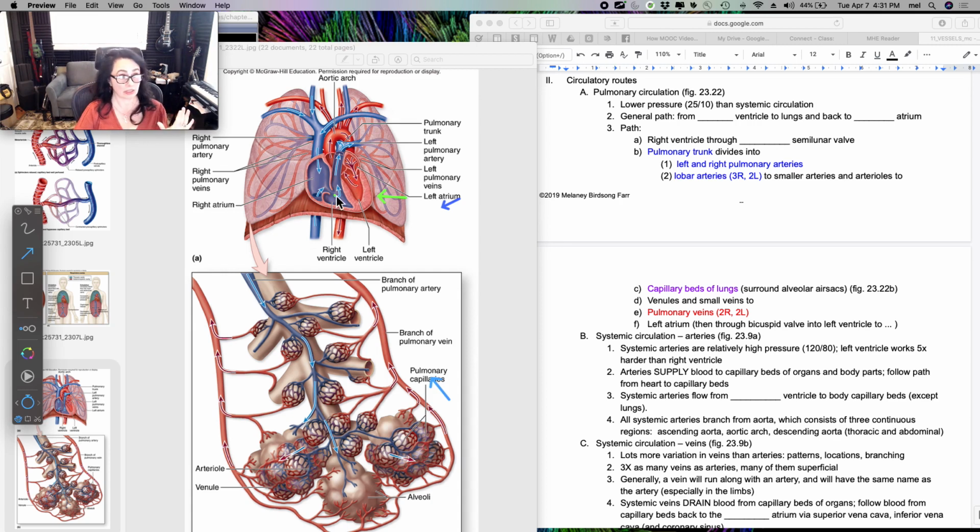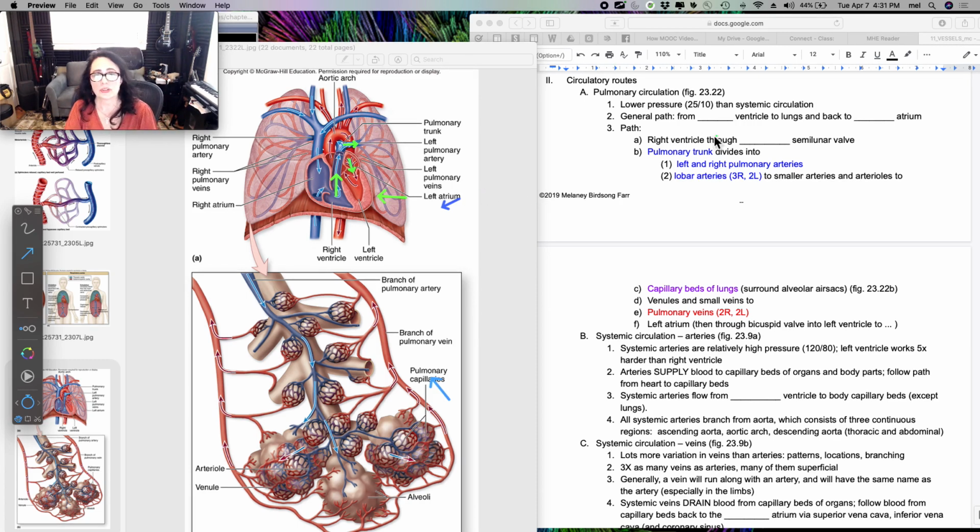So just get that right because I got it wrong. So if we are talking about pulmonary circulation, we are going to go from the right ventricle to the lungs, right? And then we are going to go back into the left atrium, even though Melanie could not say it right today. Allergy pills is what I'm blaming.